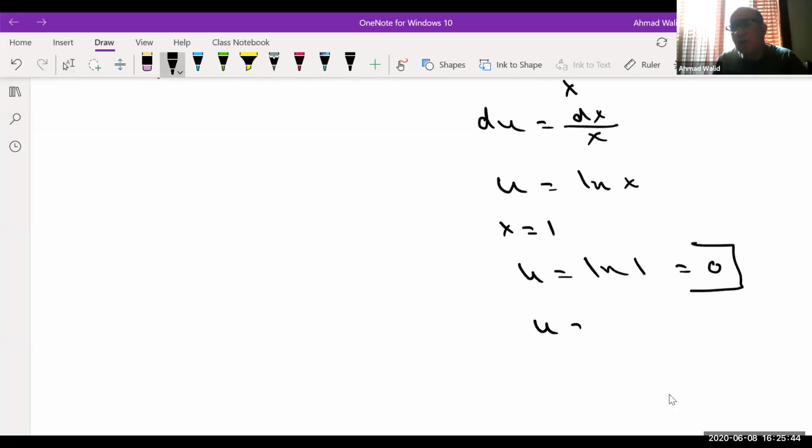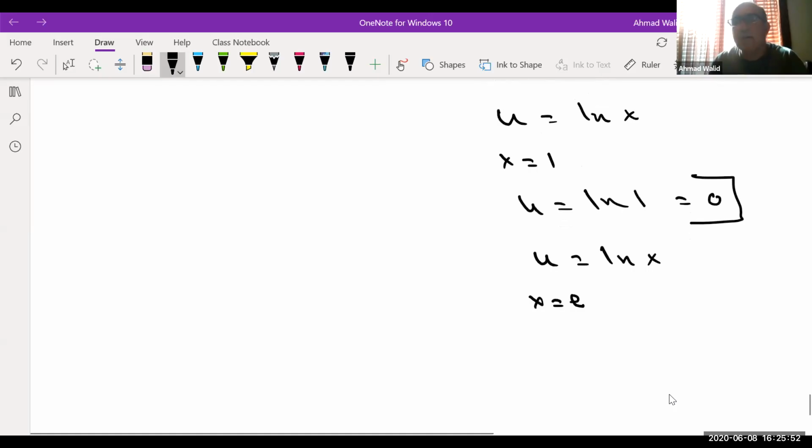Also, u equals ln x. When x is equal to e, the upper limit, I'll plug in e here. Then u equals ln e, and ln e I know is 1. This will be my upper bound, correct?